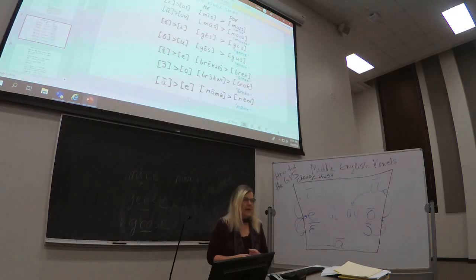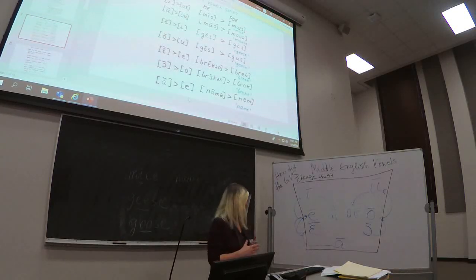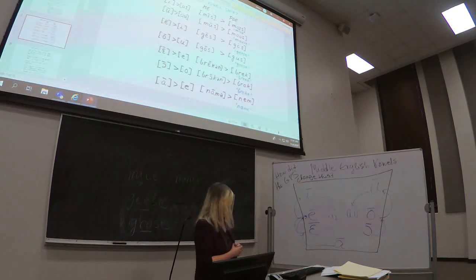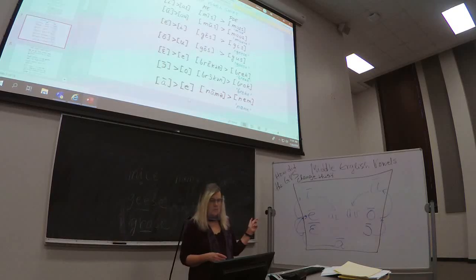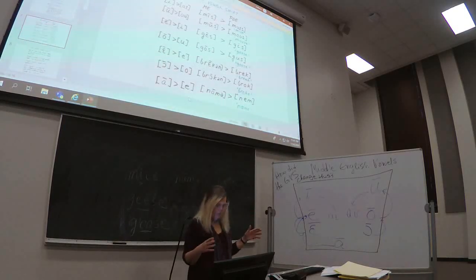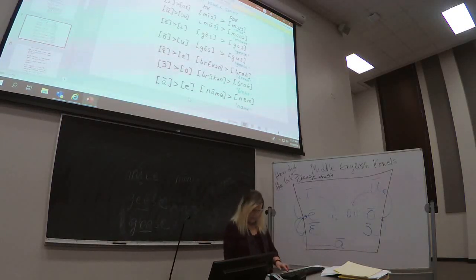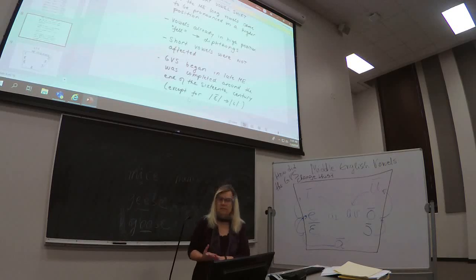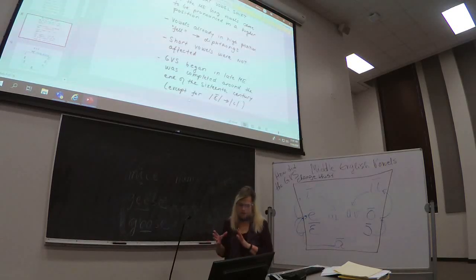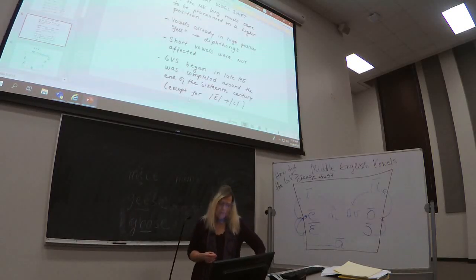Yes, and you can mark where you come from by pronouncing the vowels. But this is a really interesting internal language change, because it went all over the place. So here is the nutshell of the great vowel shift.